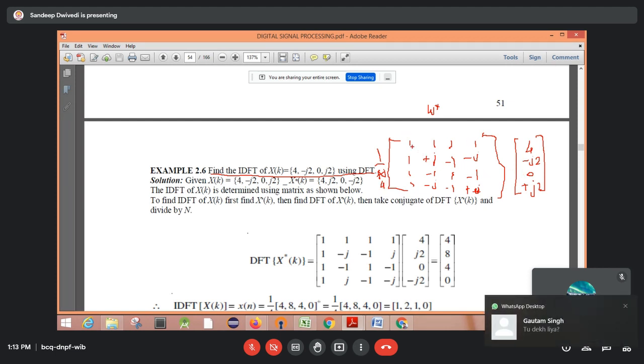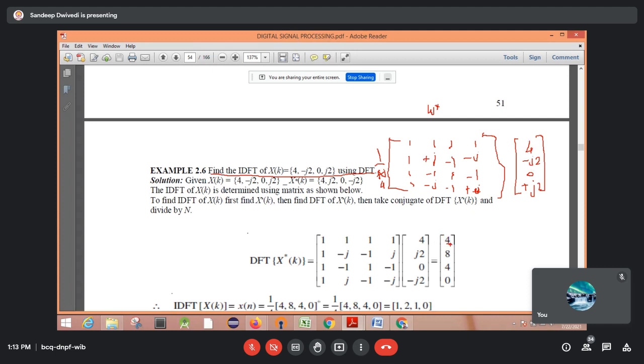Okay, so what you can do is take this row, apply it on this column, and you will get the answer. First 4, then into 1, so this will be minus j. Then into 1 into 0, so this will be 0, then 1 into 2j, so this will be plus 2j. Minus 2j and plus 2j cancel out, and this will be simply 4.